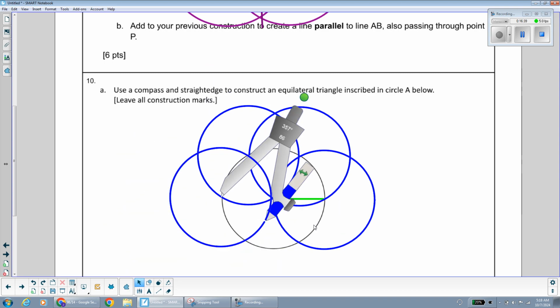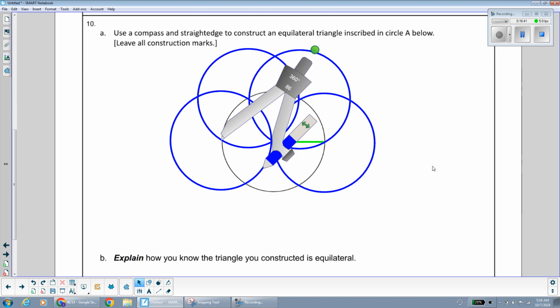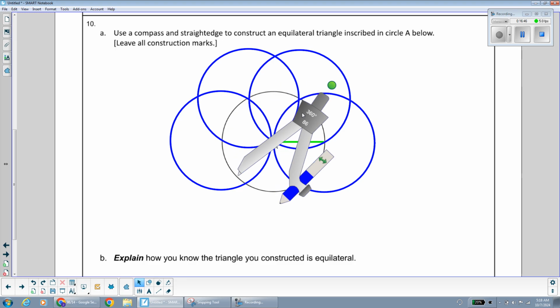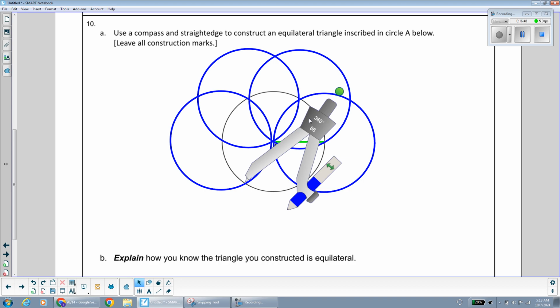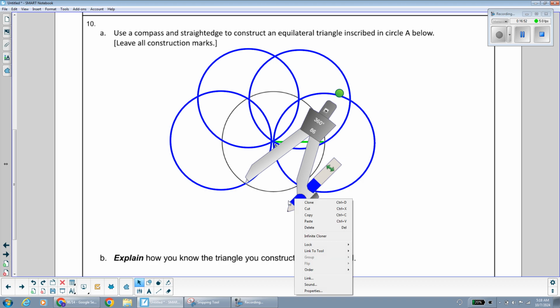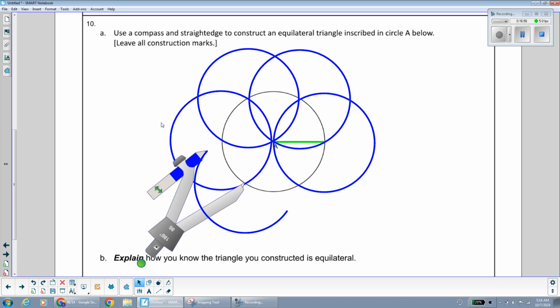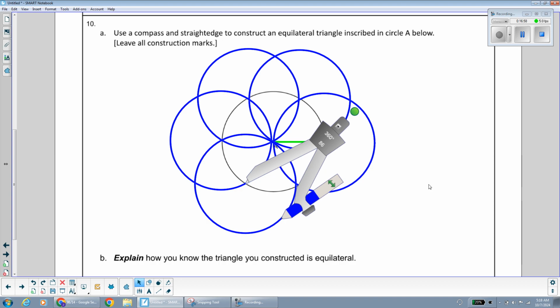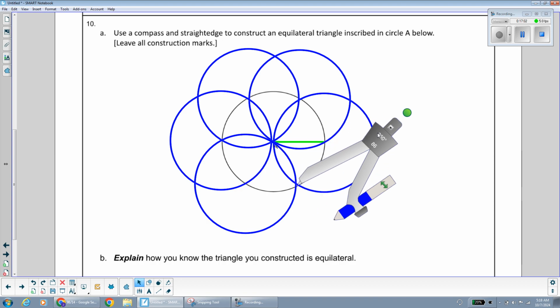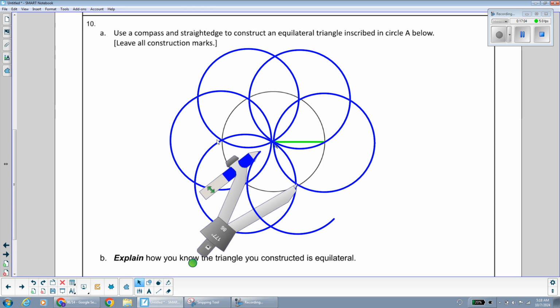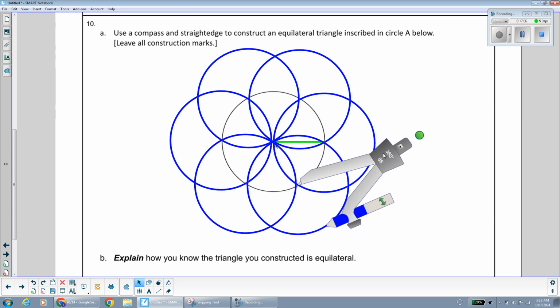And remember, this starts from a hexagon construction, so we want 6 equally sized circles around the original circle. So that's going to be 7 in total: 6 equally sized circles plus, oops, the original circle. So I got one more to go. There we go.